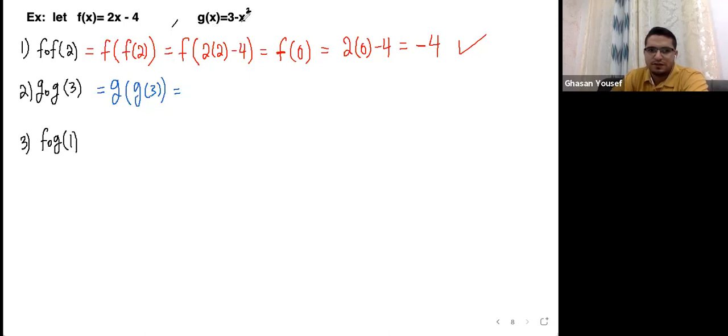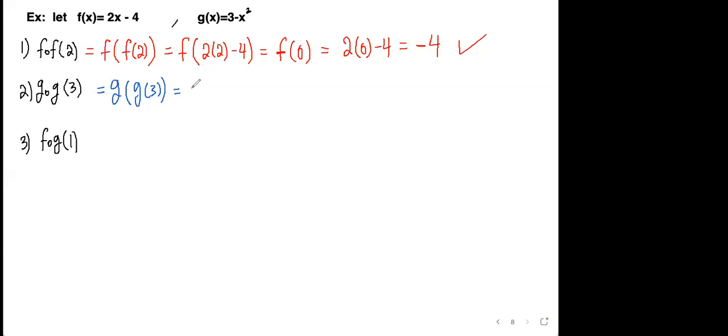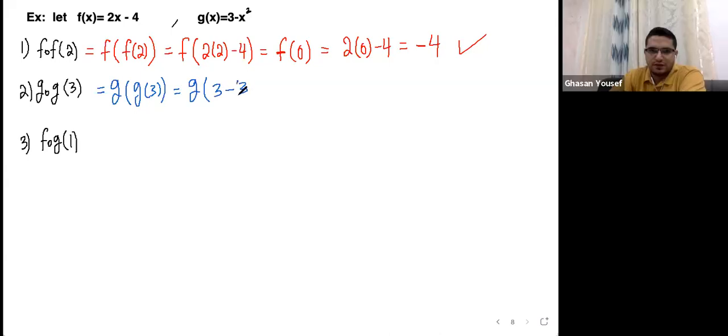Here's my g function. Any volunteer? It's going to be g parentheses 3 minus 3 squared. 3 minus 3 squared. This is correct.